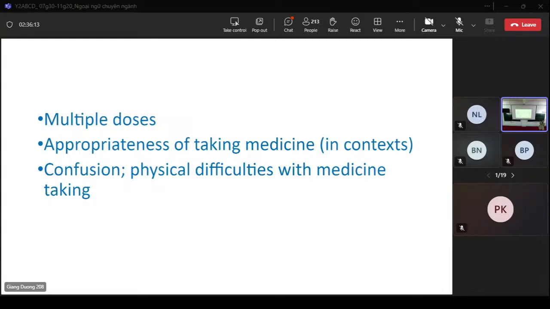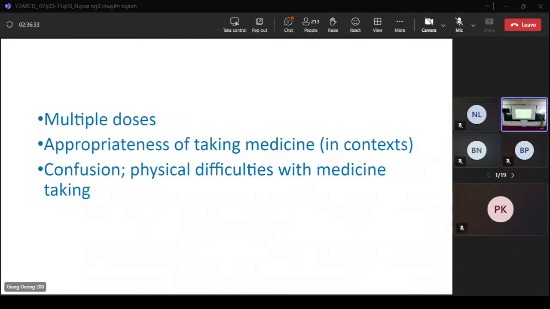Now some more keywords. Multiple doses. Multiple doses is a term in medicine. It refers to the different doses given to different groups of patients. Let me give you an example.